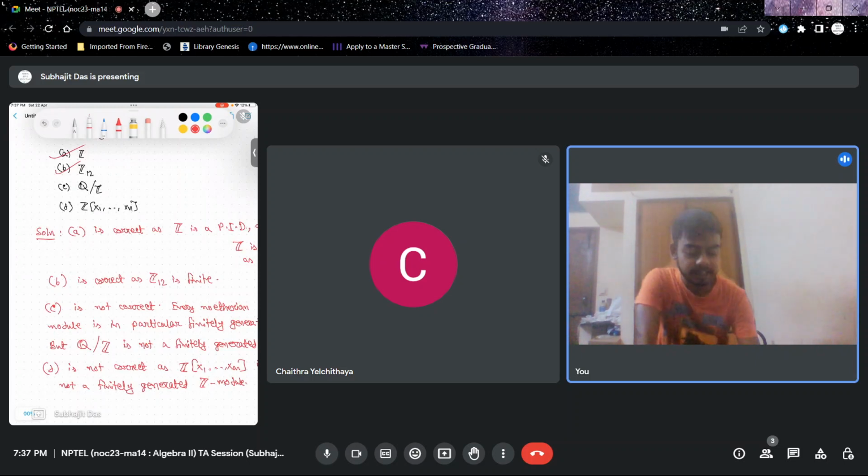I mean, this is also a ring in its own right, and you can consider it to be a module over itself. That will be Noetherian. What I am trying to say is that even though this is not Noetherian as a Z module, this is a Noetherian ring. Are you aware of Hilbert's basis theorem?